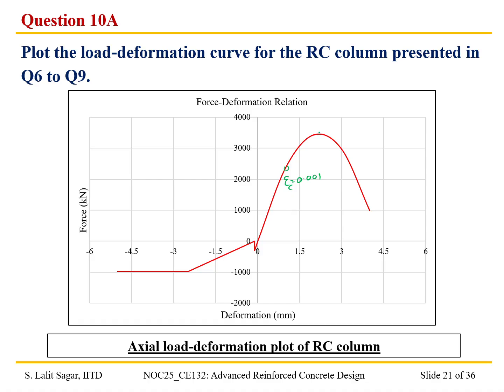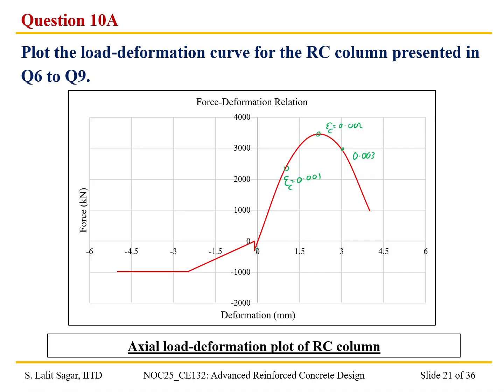Then we found out the value corresponding to epsilon c of 0.002, and then somewhere here epsilon c is 0.003, and finally 0.004. So this curve over here captures the behavior of the RC column under compression.